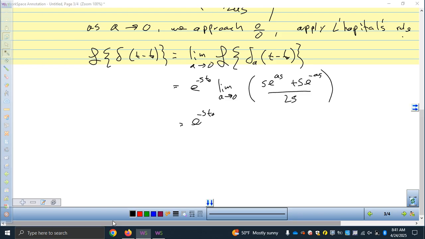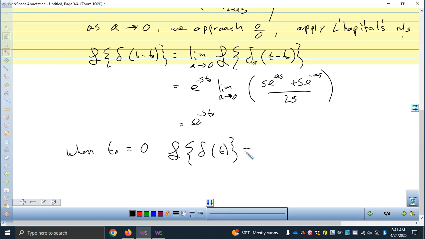And we can see now when t0 equals 0, the Laplace transform of the delta function of t equals 1.